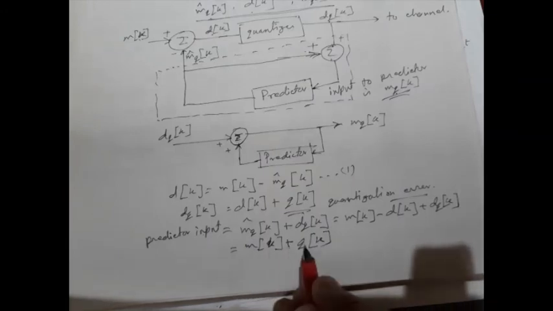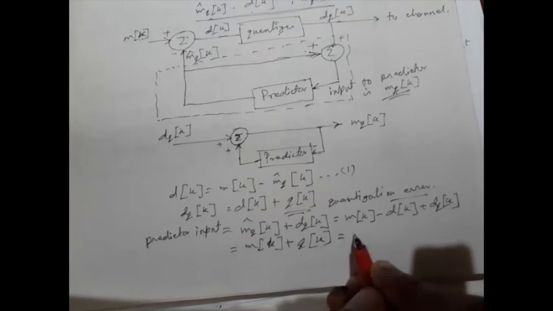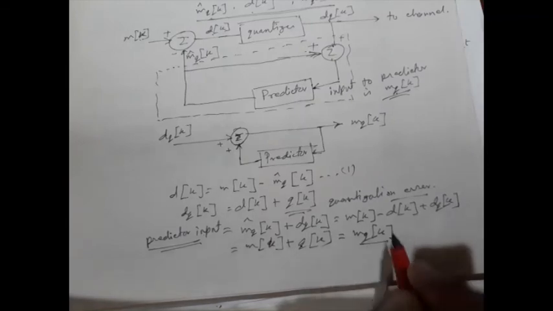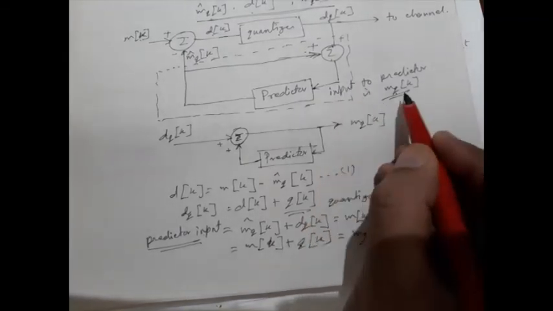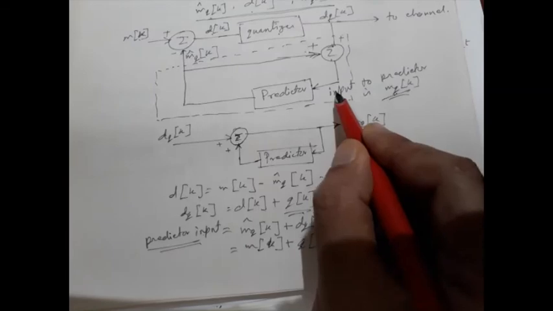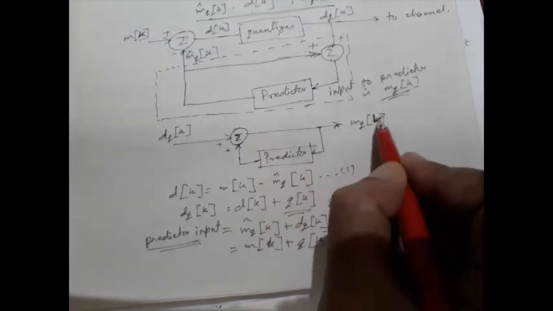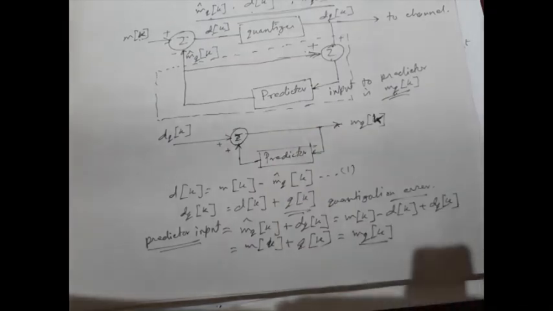So message plus quantization error, that is equal to MQK. So the predicted input is MQK. So at the output of the receiver we will get MQK, and the circuit will work.